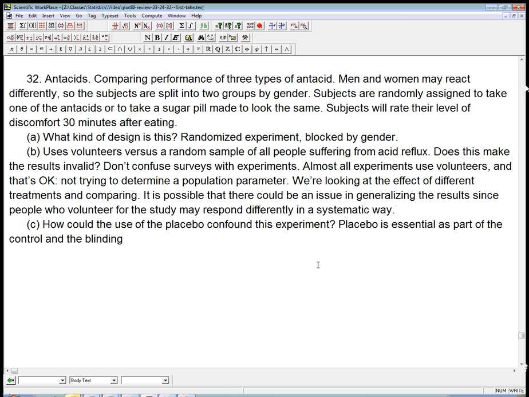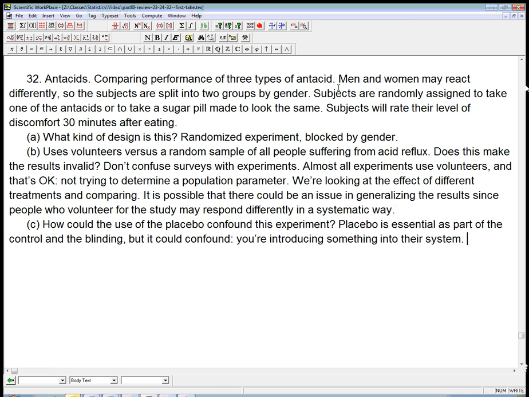But it could confound simply because you're introducing something into their system. You're hoping that it should have very little effect, maybe just the psychological placebo effect that placebos always have, which is controversial exactly how strong that is.